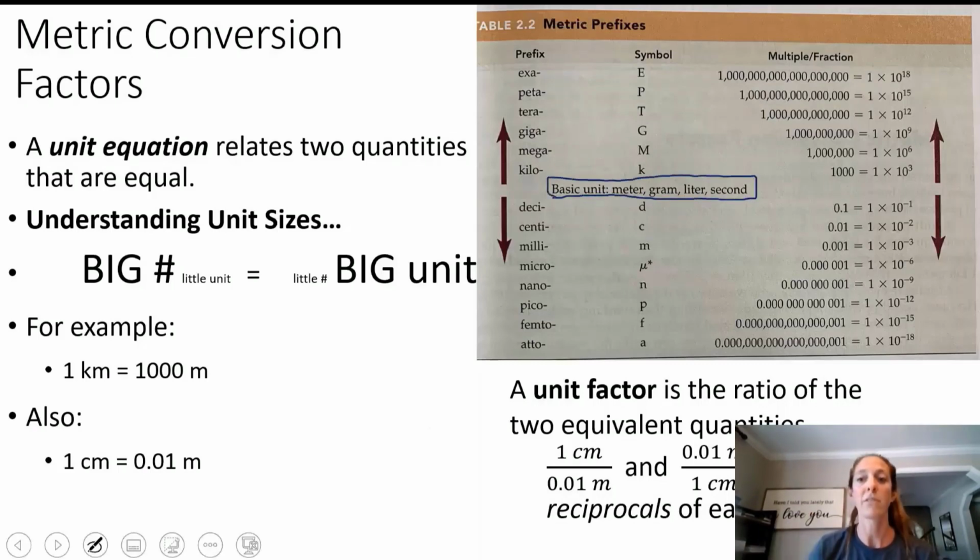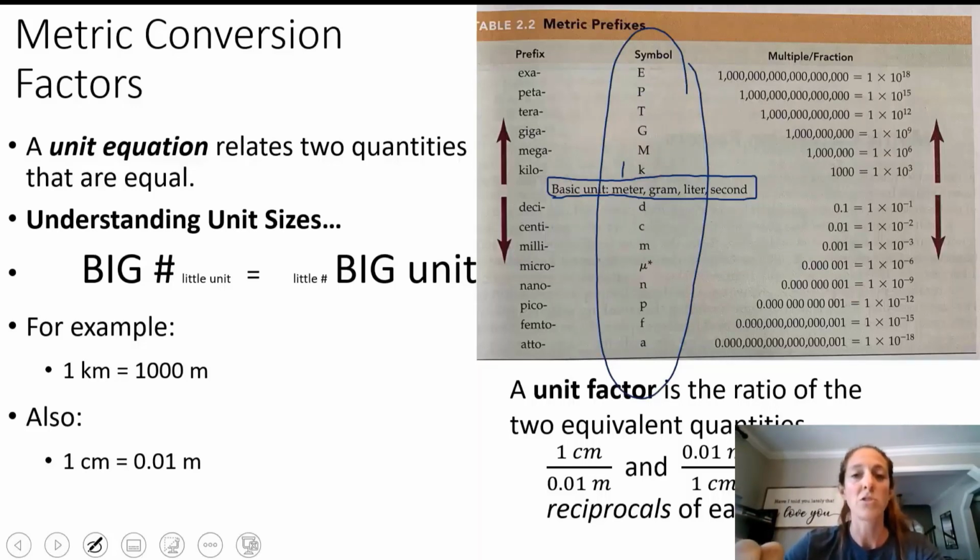You will have it available for any quizzes, assignment, anything. This is showing us how to convert meters, grams, liters, seconds, any form of our metric units. The easiest way for me to explain what this is showing is that, let's just use meters for example, 1 kilometer is equal to 1,000 meters.